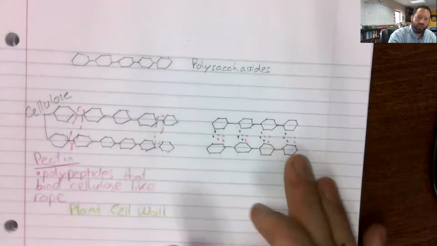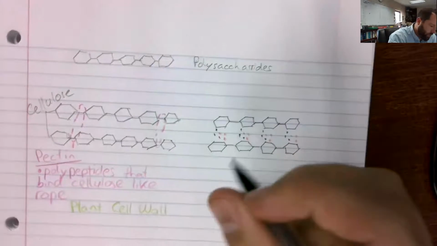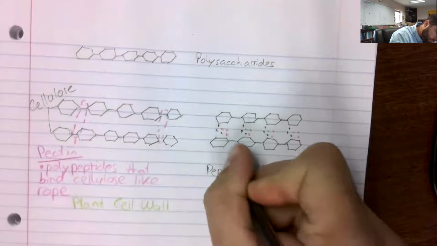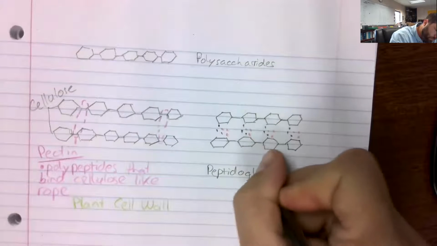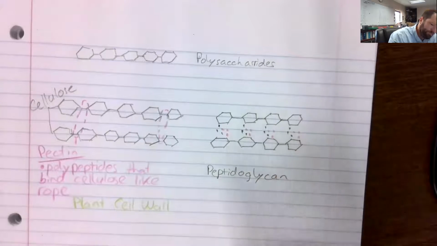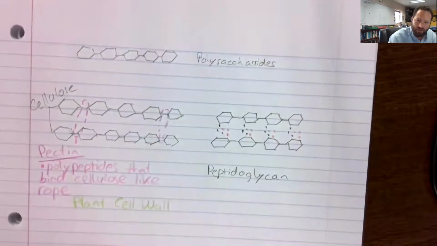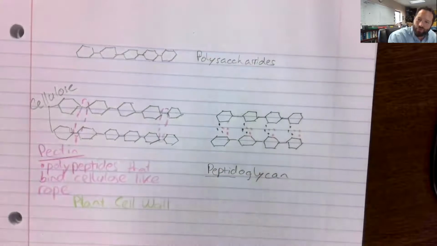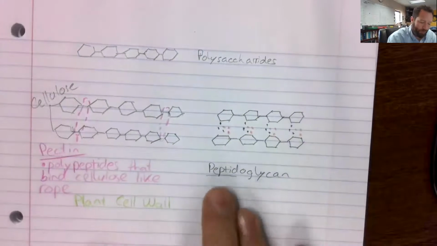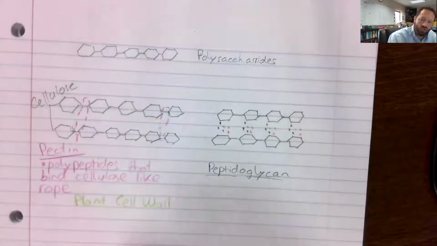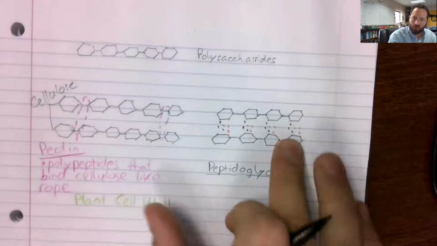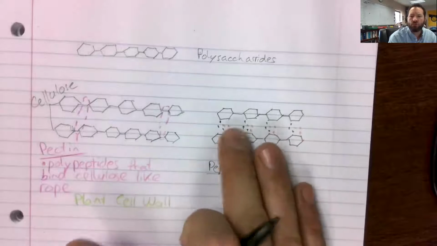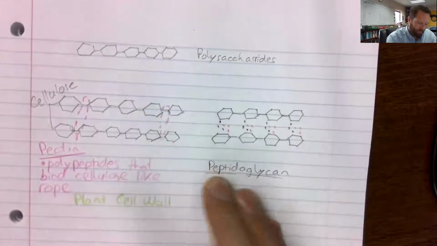So what we've drawn here is what's known as peptidoglycan. So peptidoglycan is kind of a combination, peptid, hopefully we're recognizing like polypeptides, and glycan, which is really basically our glucose molecules. So we've got this combination of glucose and polypeptides.